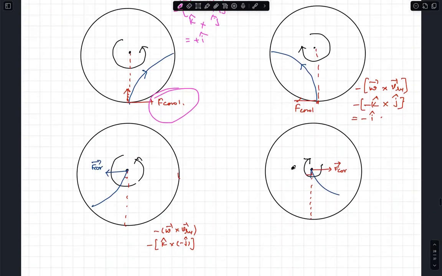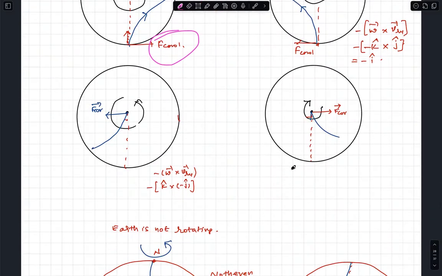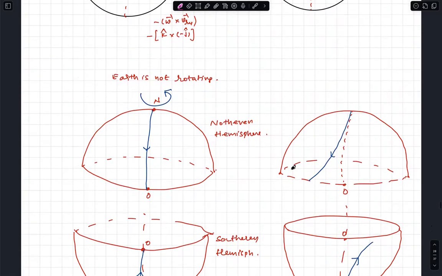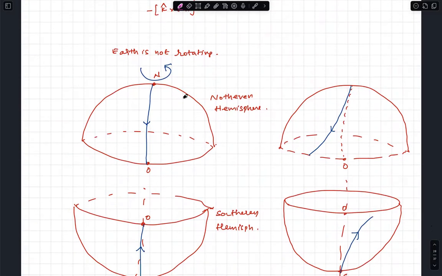Next. Right. So exactly at the center, Coriolis force is 0, because when it is at the center, we consider relative velocity as 0. Suppose if earth is not rotating for a while, any object that is thrown from north will automatically reach O. Actually, it is aimed at some point at the equator, and it will move like this on the northern hemisphere because earth is rotating like this.